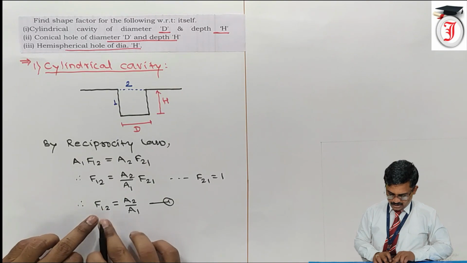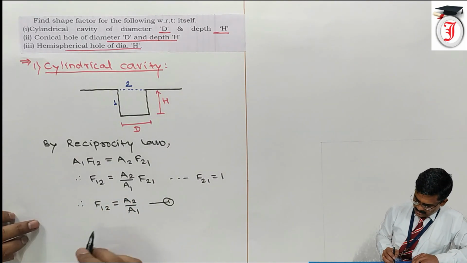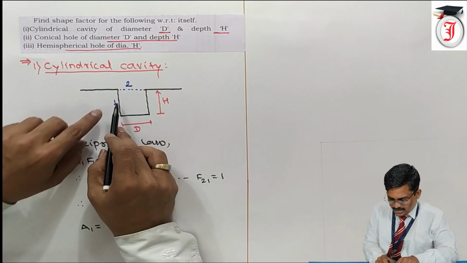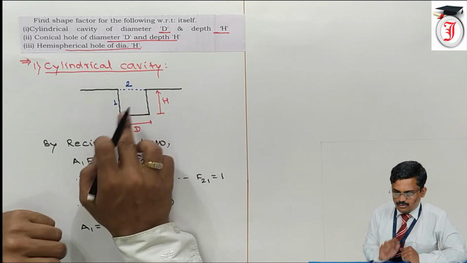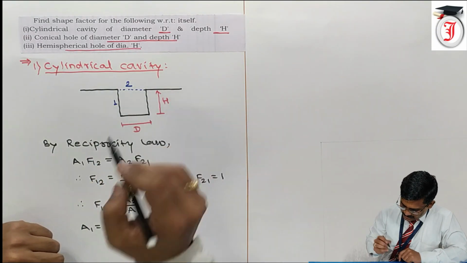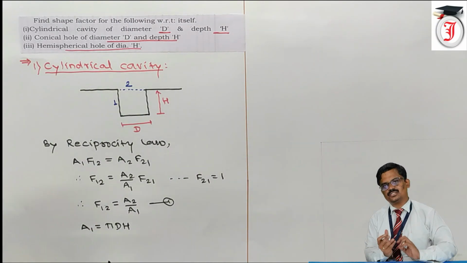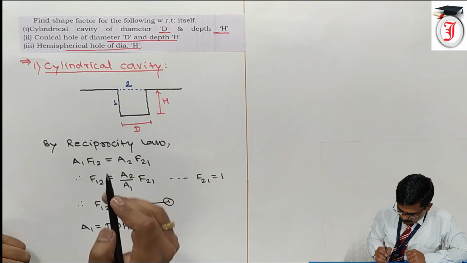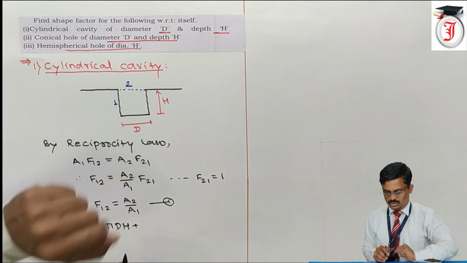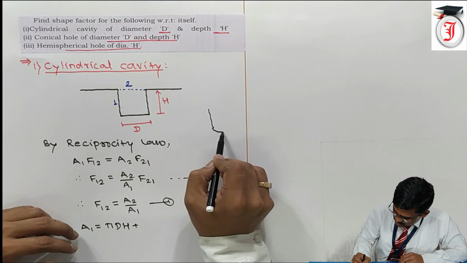So we have to calculate area. Let us calculate A1 area. A1 is a cylindrical surface. So pi d is the circumference into its height, that is pi d into height is its surface, and bottom of this surface is given by pi by 4 d square because bottom is circular. Actual cylindrical cavity is like this.